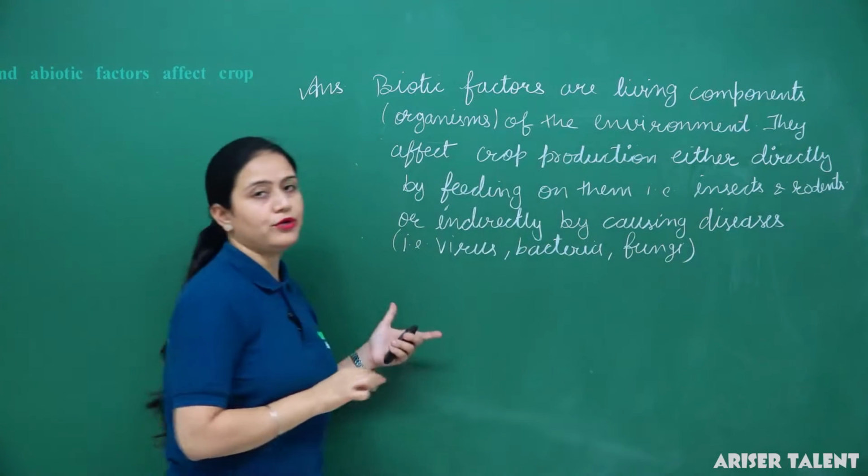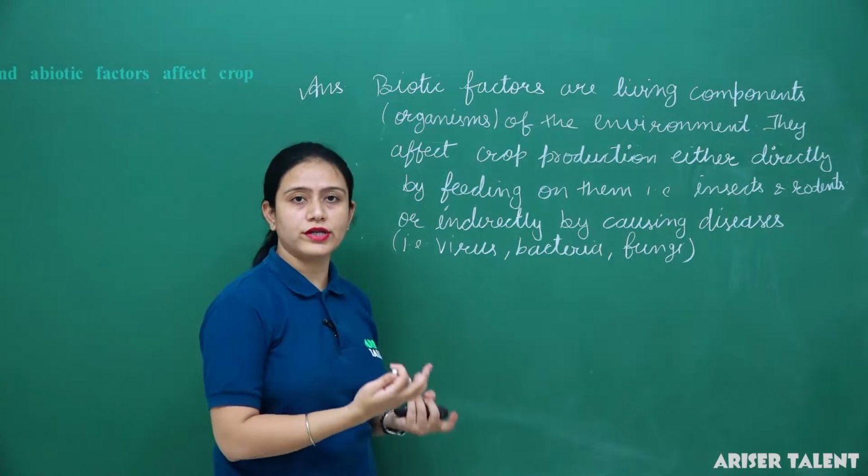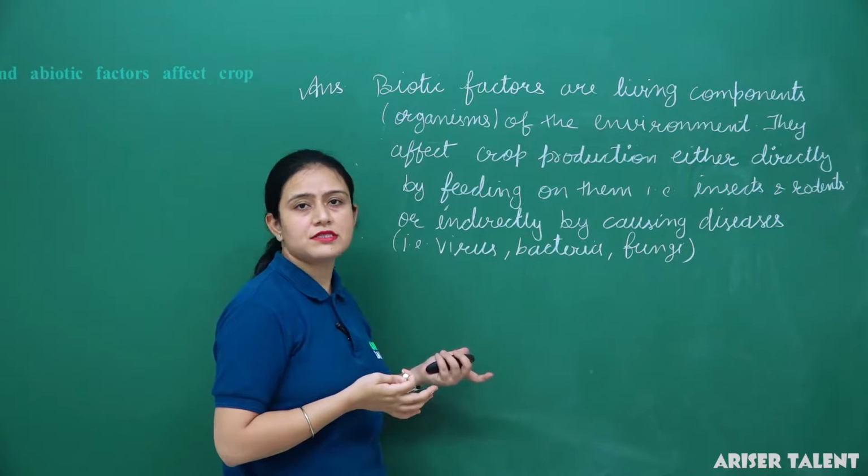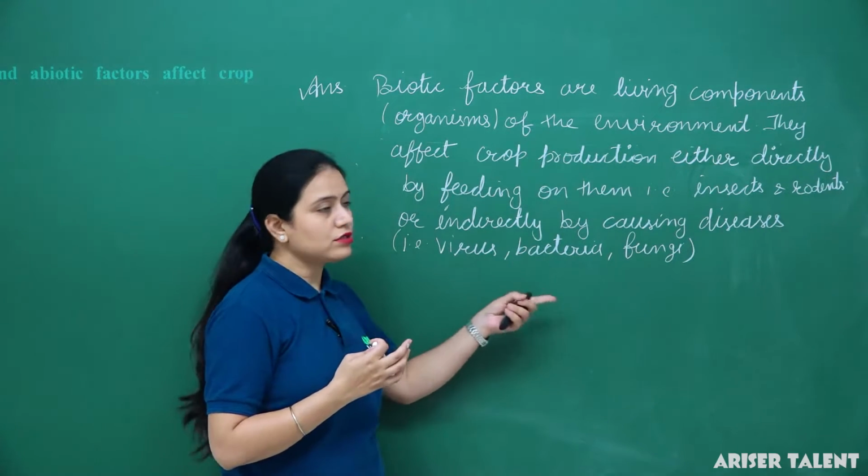Okay, so living components like insects and rodents will directly feed on the crop plants and then damage the crop production, or they will cause diseases.